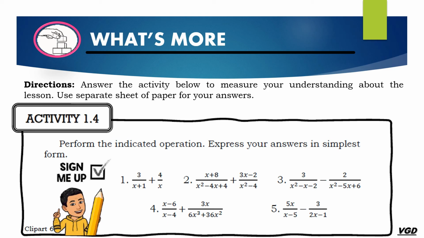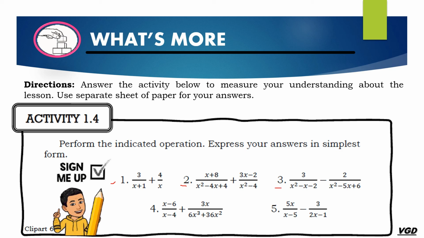So we have here number 1, 3 over x plus 1 plus 4 over x. Number 2, x plus 8 over x squared minus 4x plus 4 plus 3x minus 2 over x squared minus 4.